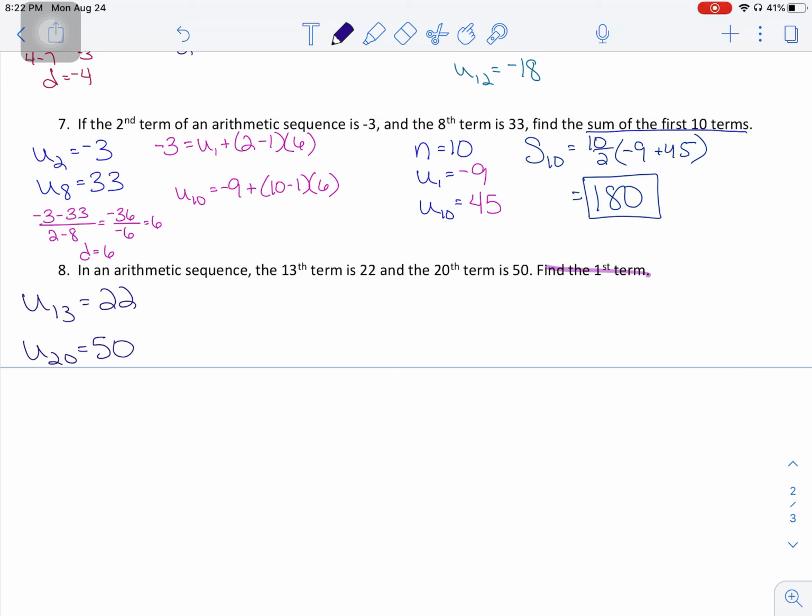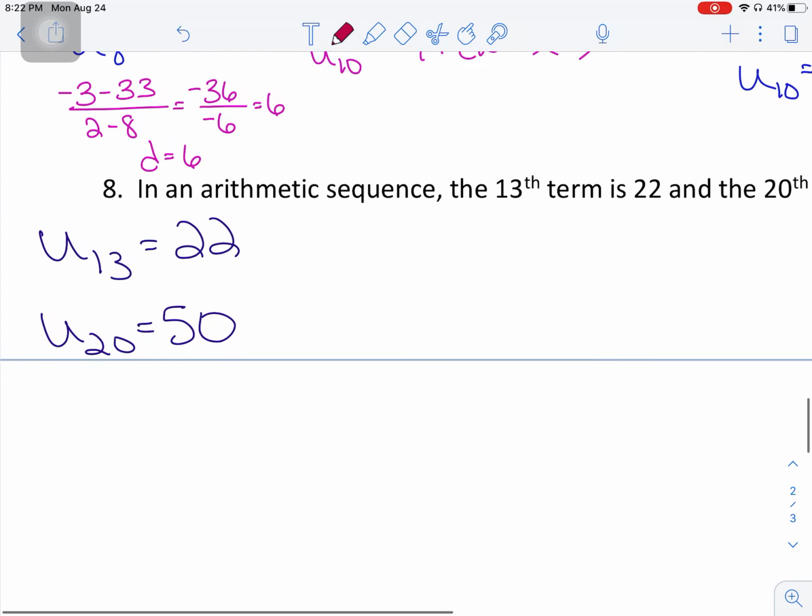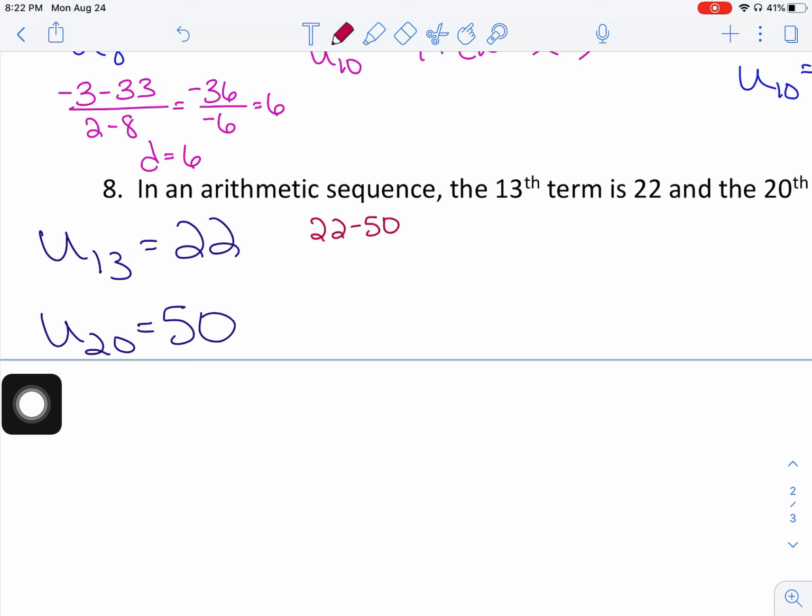So let's do that little slope thing of looking at our common difference. I just stack them up and go in order. You can do it in reverse order as long as you do both of them in reverse. So I'm going to do 22 minus 50, that's the difference in my term values.